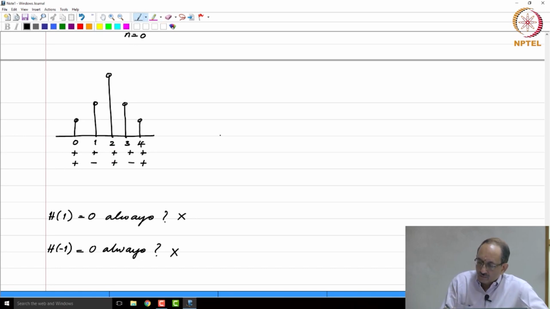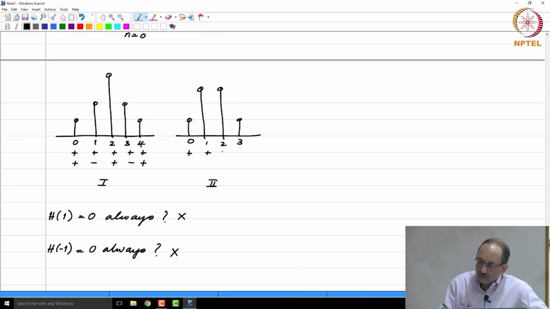All right. Now, let us look at type 2. Type 2 is even symmetry as type 1, but the length is even. Therefore, so this is a simple example of a type 2 filter, even symmetry, even length.